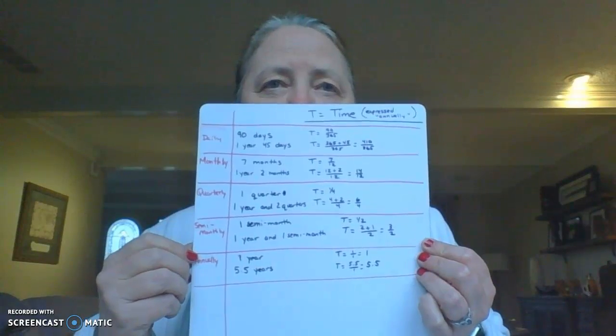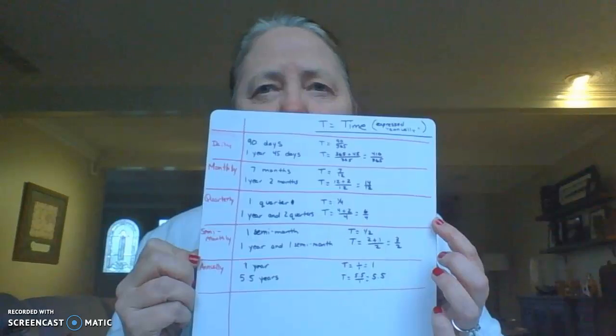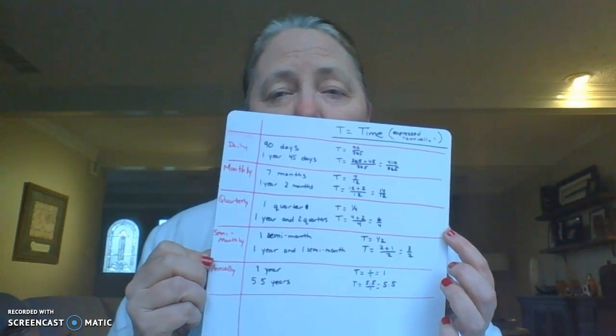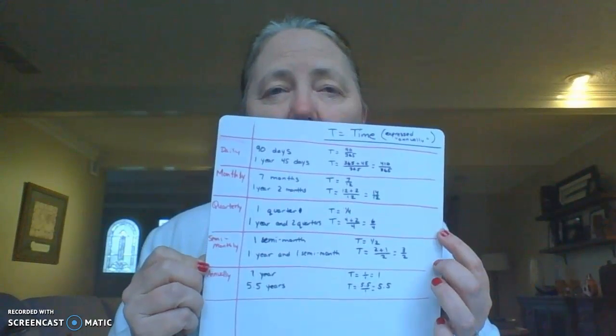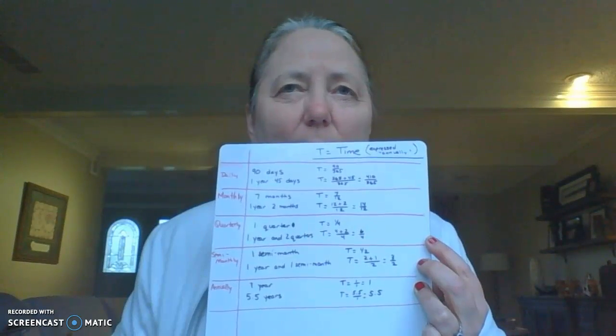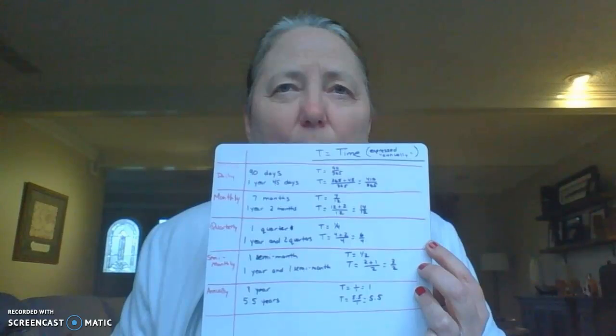Again, make sure that you realize that should be semi-annual, not semi-monthly. And then the last one is annually. If it's a year, then T is equal to 1. If it's 5.5 years, it's 5.5 over 1, so 5.5. Hopefully that makes sense for you to help you on the T calculation. And we'll do a worksheet or two to help you compute these things.